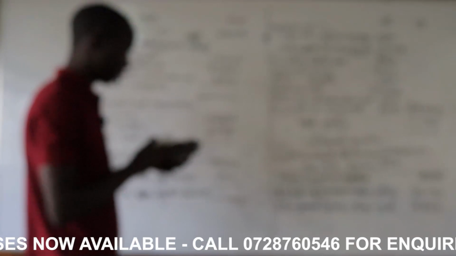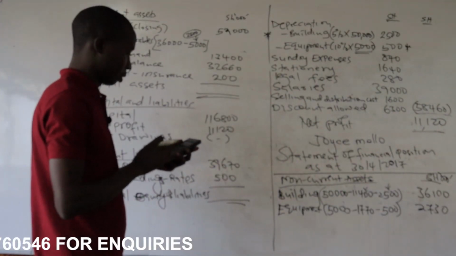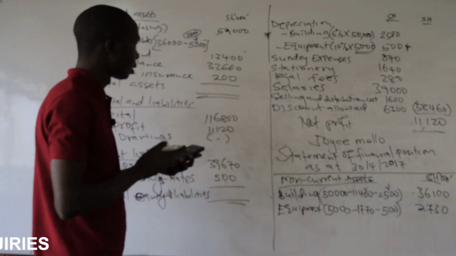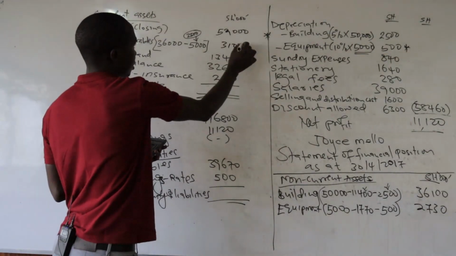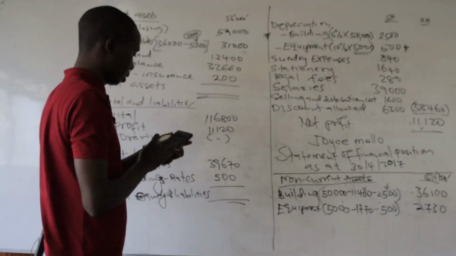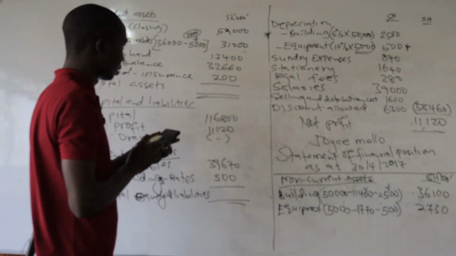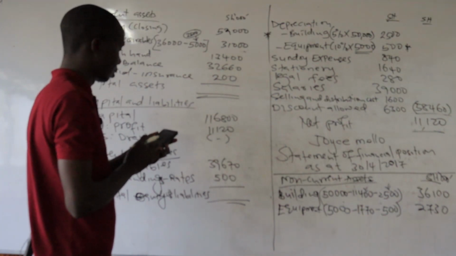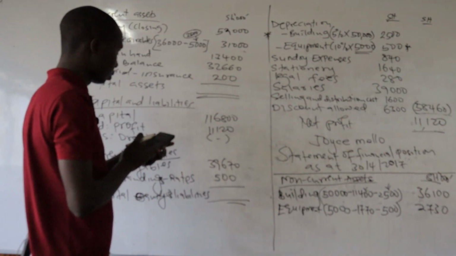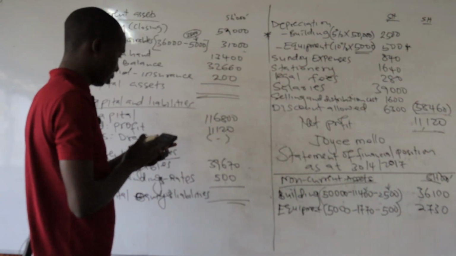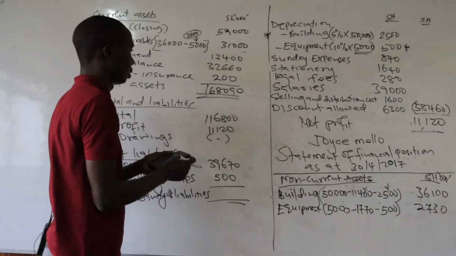So if I add assets, 36,100 plus 2,730 plus 52,000, plus 31,000, plus 13,400 plus 32,660 plus 200, this is 168,090.